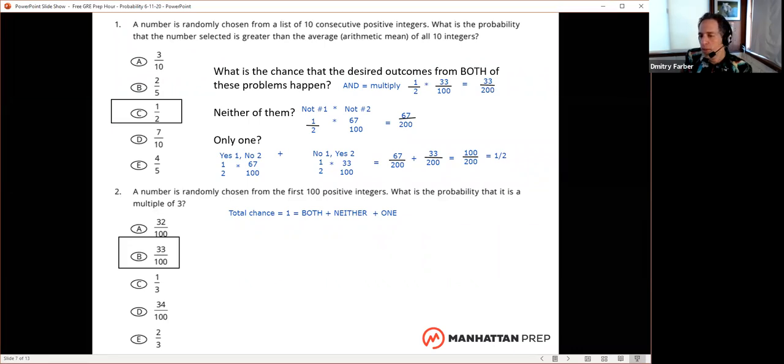A lot of times when people tell me they're overthinking a problem, it usually means that there's some missing clarity on which type of problem we're dealing with or what scenarios I'm allowed to go with, right? So I often want to think about, okay, what is it that I know about this? What are the tools that I have? And a lot of times you do have to break it down into lots of little pieces. The hardest probability problems are really hard because, if I'm asking about a lot of different things combined, maybe I have to run combinatorics to do all the possibilities or things like that.